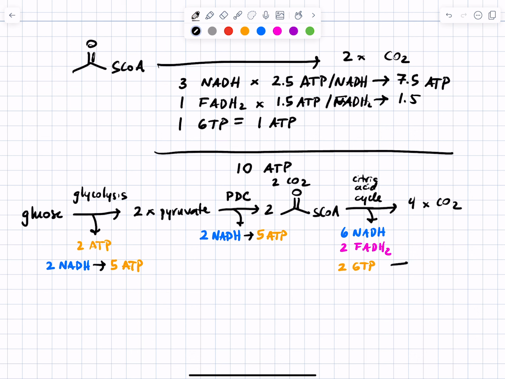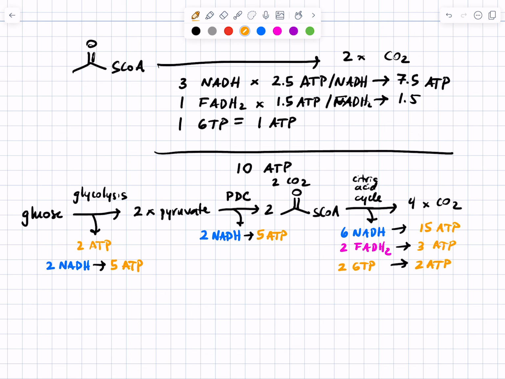Of course, the 2 GTPs are exchanged directly for 2 ATPs. Then let's see, the 2 FADH2s, that should be 3 ATP, and then the 6 NADHs, carry the whatever, 15. Didn't successfully do the arithmetic in my head, I looked at my notes.